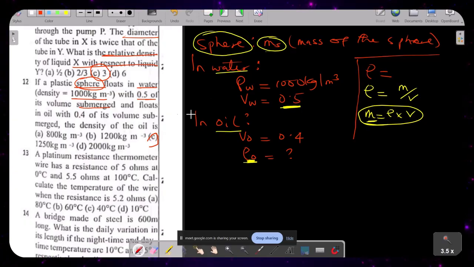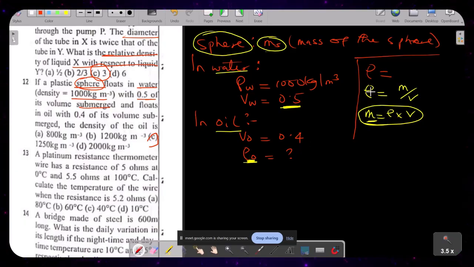Then they now say that it floats in oil, with 0.4 of its volume submerged. So the volume of that mass in oil is 0.4. They now said you should calculate the density of the oil. That is exactly what you want to calculate. Do you remember the formula for density?